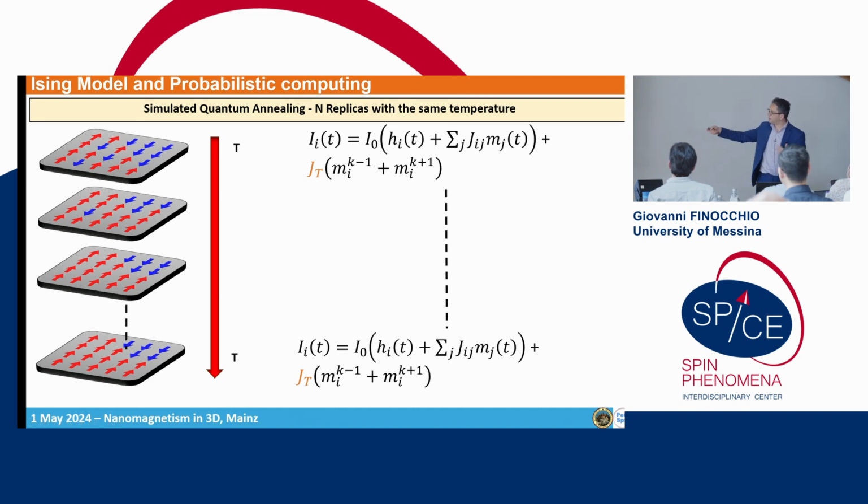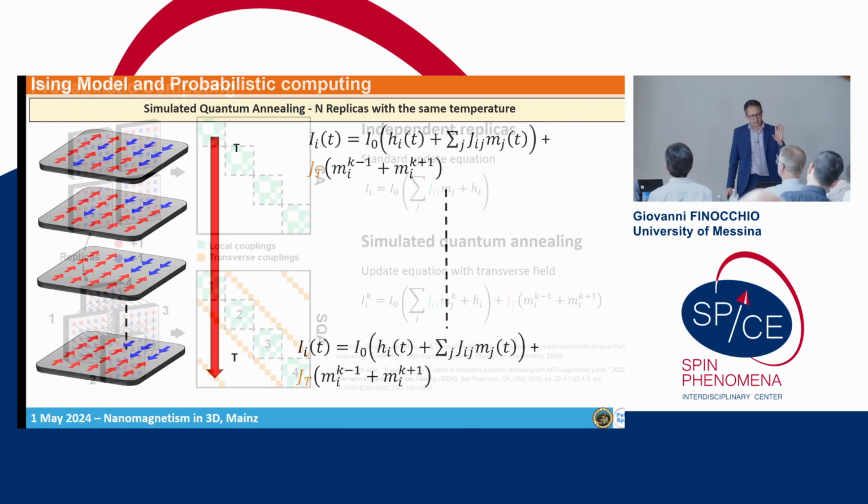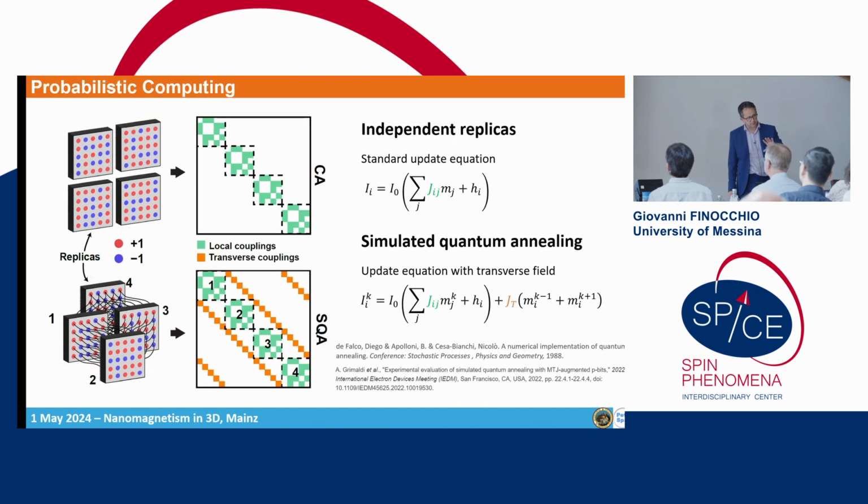Then at some point, because the exchange is positive, all of the replicas collapse to the same state or to a cluster of states, and then you can identify which is the best state. And this is very promising, actually. It's really, really impressive.